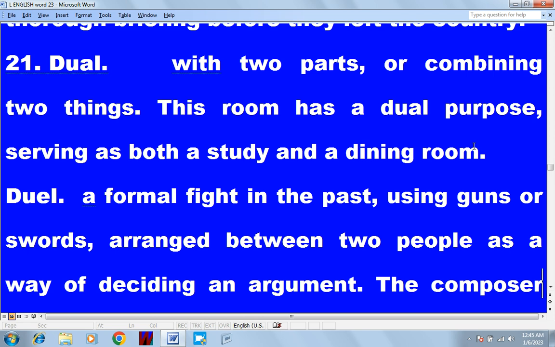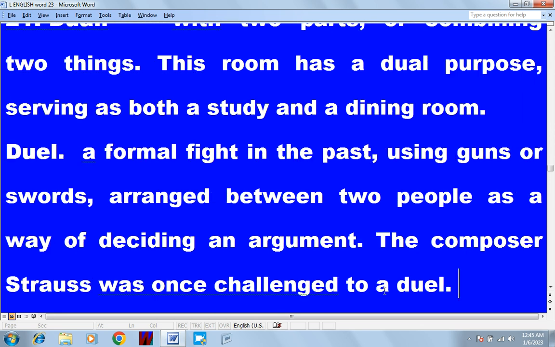Dual, D-U-E-L, the only difference is A and E. Its meaning is quarrel, fight or quarrel. A formal fight in the past using guns or swords, arranged between two people as a way of deciding an argument.